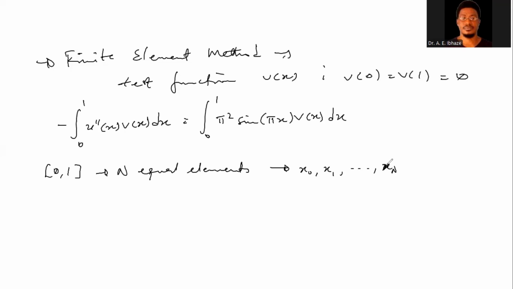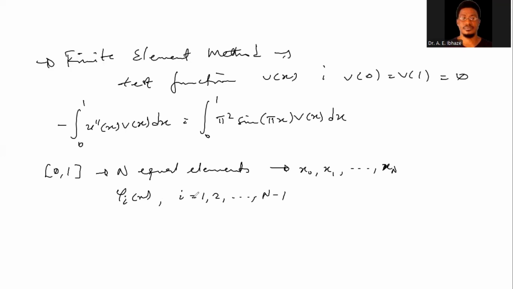So the next thing is to use piecewise linear hat functions, say phi sub i of x, as the basis function, for which i takes on values from 1 all the way to n minus 1, being the internal points, right?